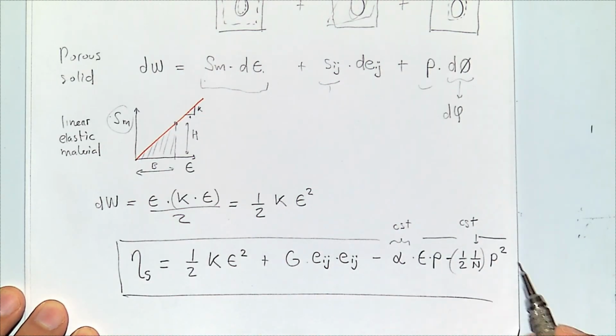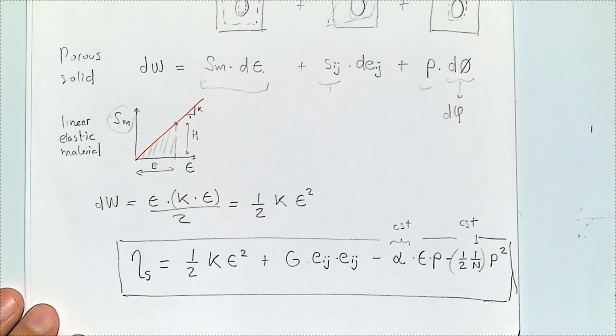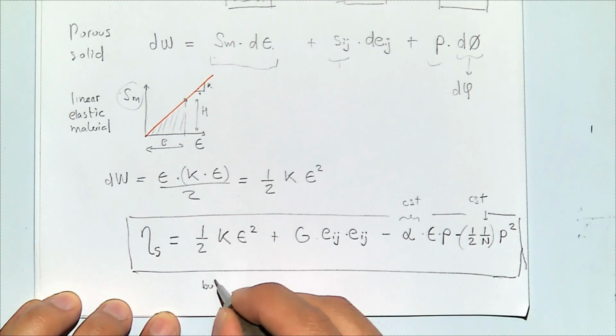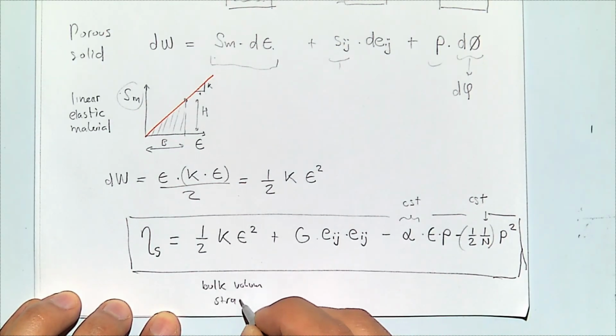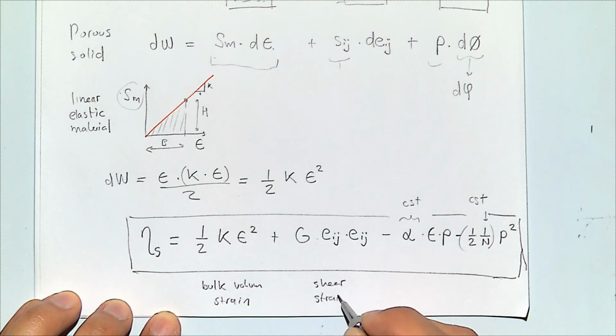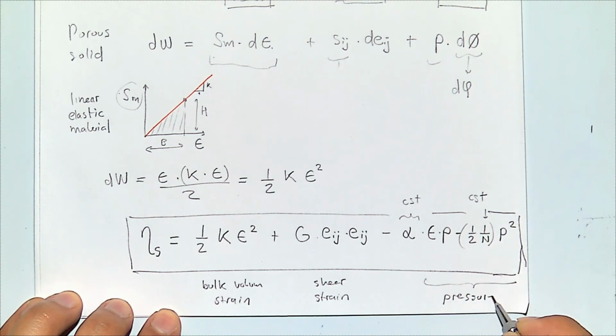This is the energy of the solid, considering now pressure. So I have the component of bulk volumetric strain. I have the component of shear strain, and these two capture the component of pressure.